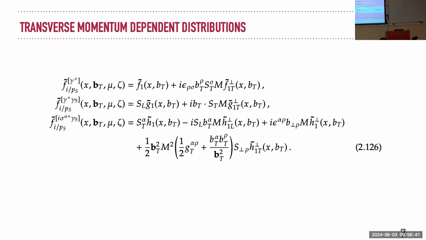So the angular integration can now be performed because nothing depends on the angle but this exponent here. And this is nothing else but 2 pi times the Bessel function of the first kind, J0. Okay, so after all this, we come to the conclusion that this thing is equal to 2 pi integral of dkt kt J0 of dt kt and the function in the momentum space.